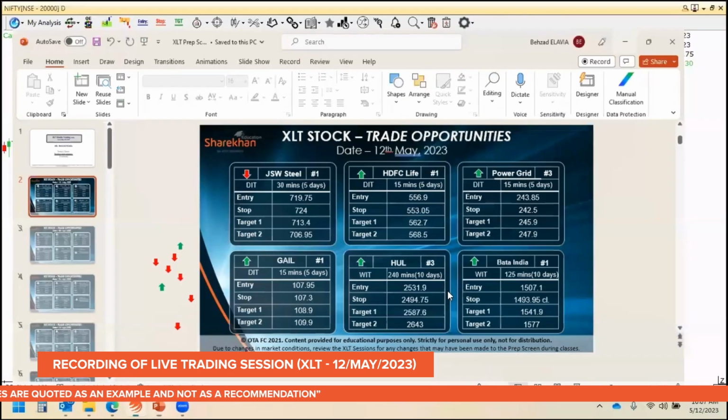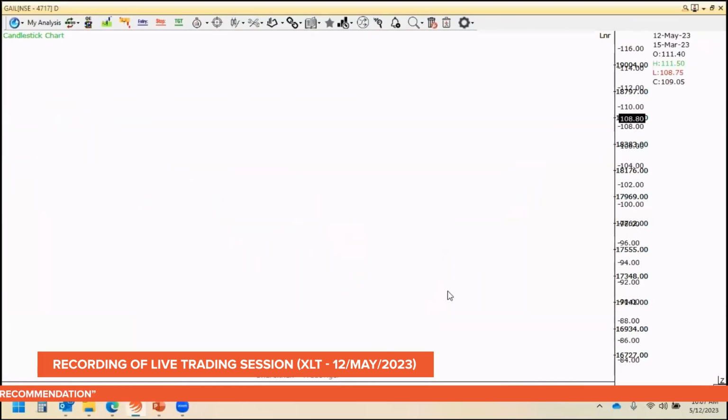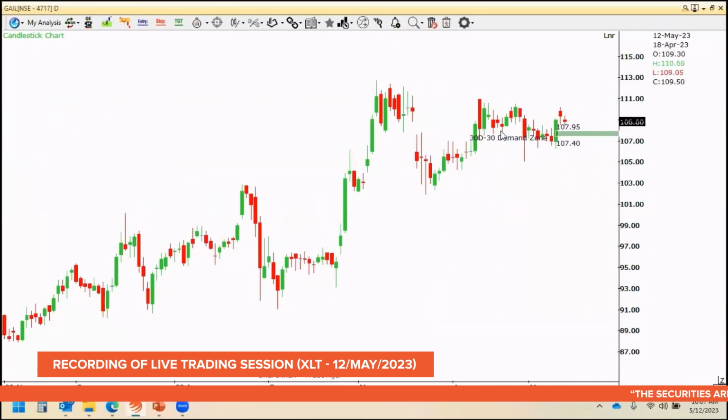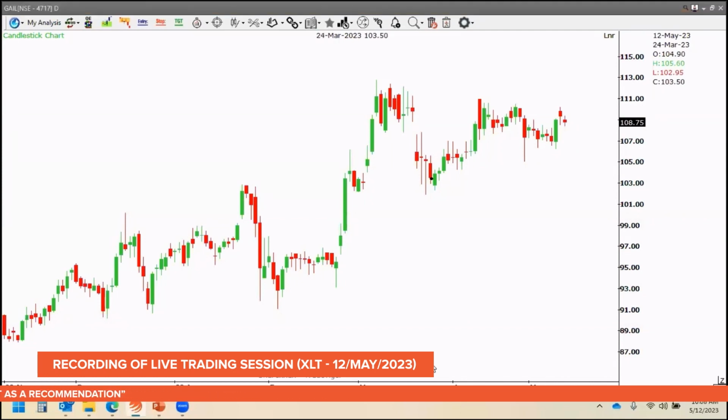Let me quickly take this, then I'll come back to you. Gas Authority of India Limited, can you please tell me what exactly is happening on my daily charts? Very quickly. I personally feel, frankly speaking, there is nothing over here. Absolutely correct. Range bound activity hai, isme zyada kuch sochne jaisa bhi nahi hai.